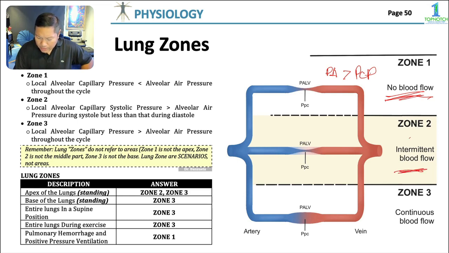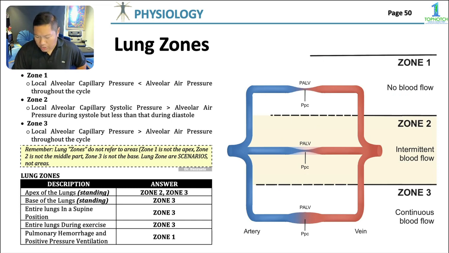Zone 2, there is intermittent blood flow. Okay? During systole, pulmonary alveolar pressure is less than pulmonary capillary pressure. But during diastole, pulmonary alveolar pressure is greater than pulmonary capillary pressure. So during systole, there is blood flow. During diastole, no blood flow. Okay? So intermittent yung blood flow dyan.